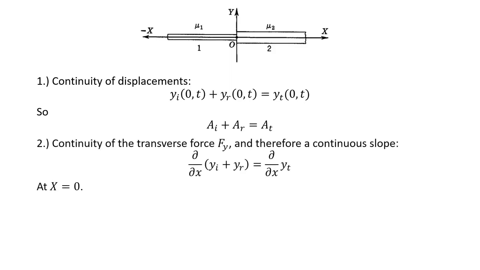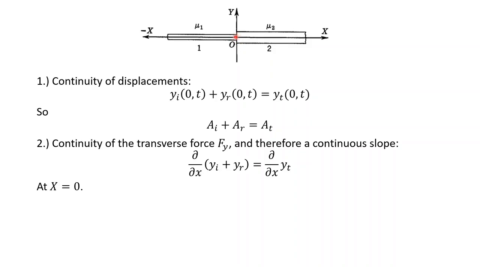The second one is the continuity of the transverse force Fy. It amounts to simply saying that we can't have a sharp angle here at x equal to 0. Because if we do, that's going to mean an infinite force on a very small section of the rope.